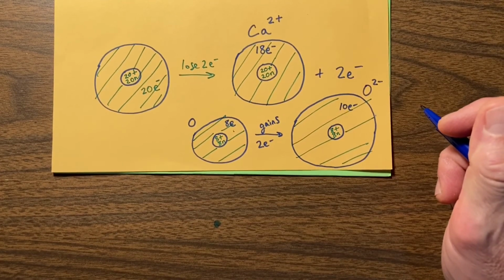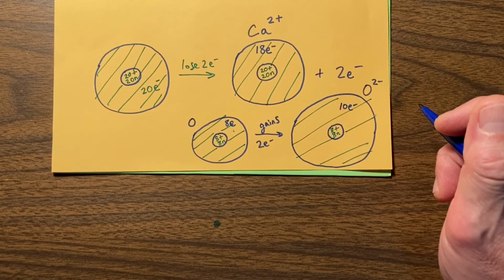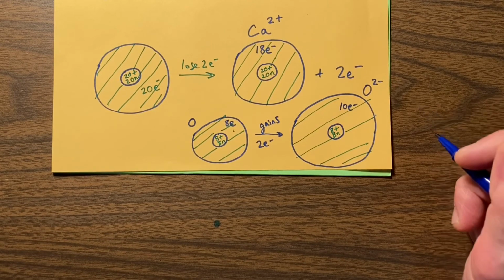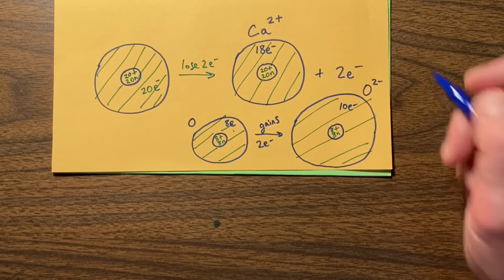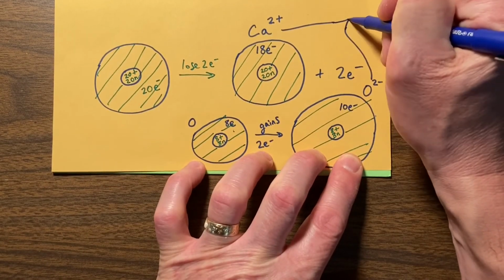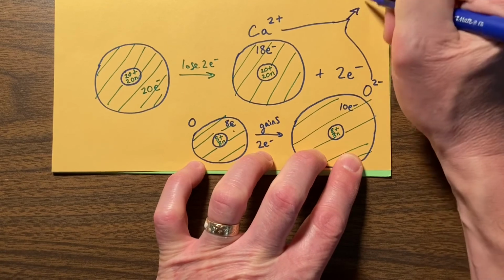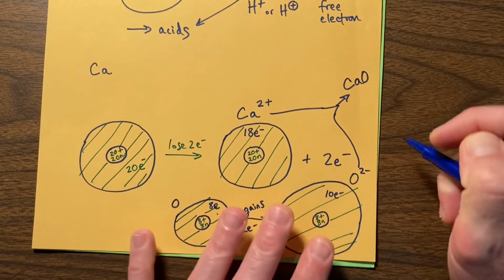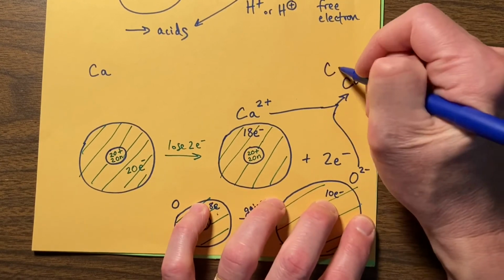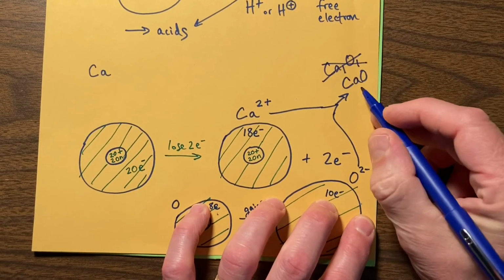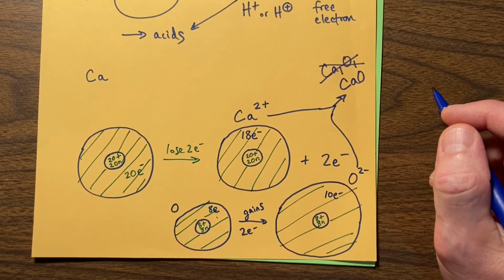And then what you can do is easily write the ionic formula as CaO. And that's how these 2 would combine into one formula, which we would write as calcium oxide. We don't need to put calcium subscript 1, oxygen subscript 1. That's not necessary. It's understood to be 1 when you write the formula.